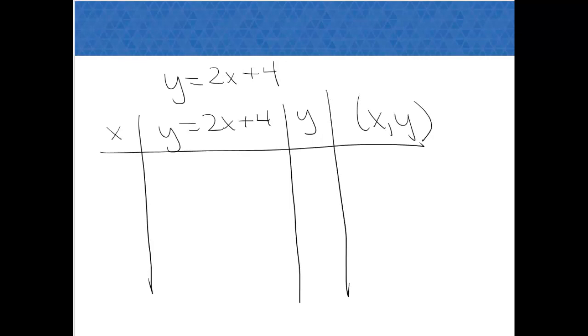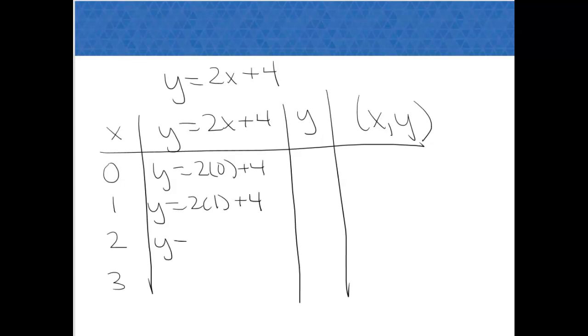So we're going to pick x values. I like to pick 0. We can pick any values we want. So let's say they wanted 4 ordered pairs. We just plug it in for x, just like we did before. We don't have a y. We're going to find it.